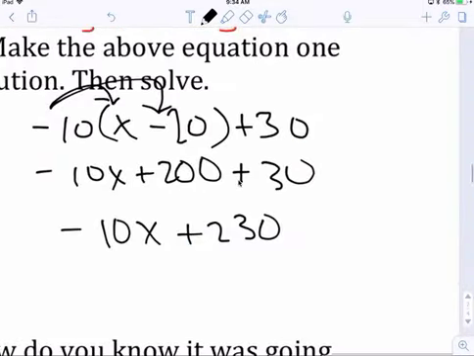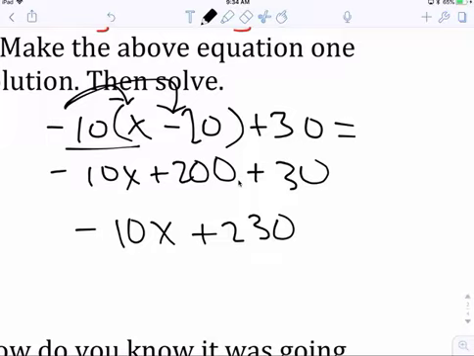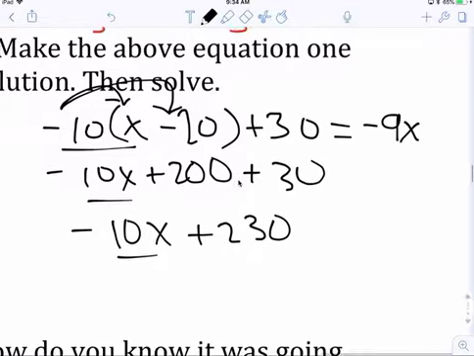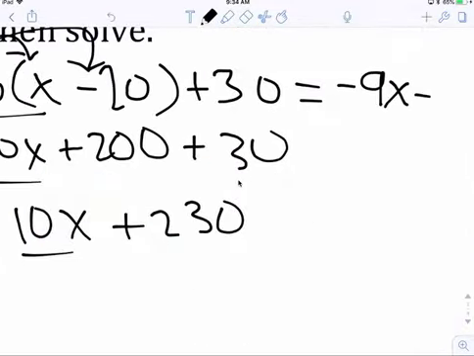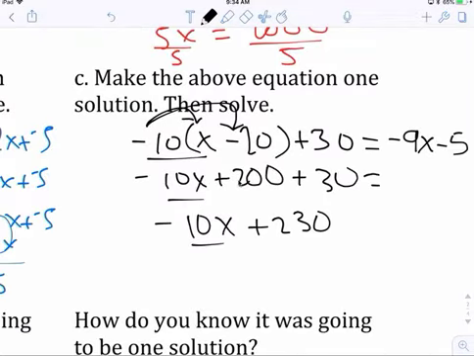And this is one solution, so this needs to be different. Let's say 9x. No. Negative 9x. Negative 9 minus 5. Okay. You can make whatever you want.